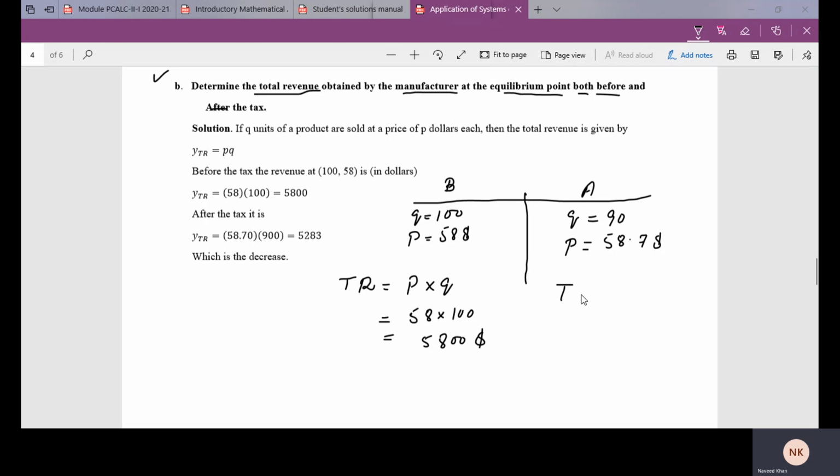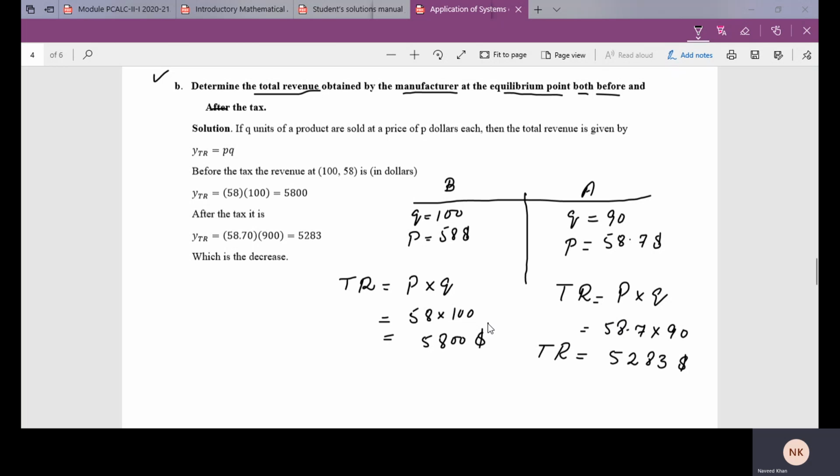And after the tax, total revenue is equal to P multiplied by Q, where P is equal to 58.7 multiplied by 90. So the answer is 5,283. Okay, total revenue.